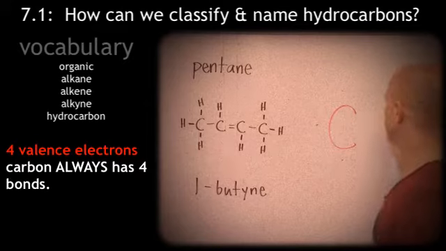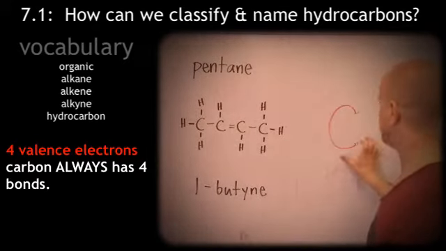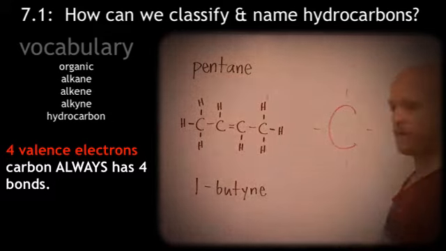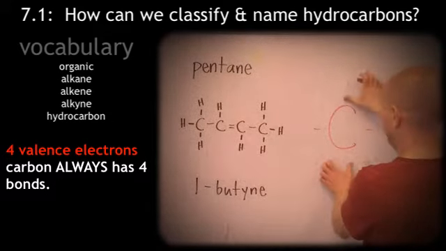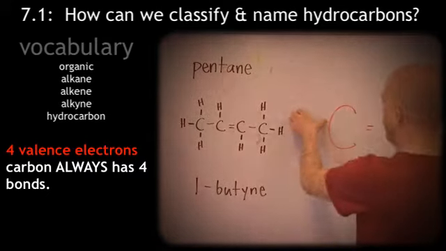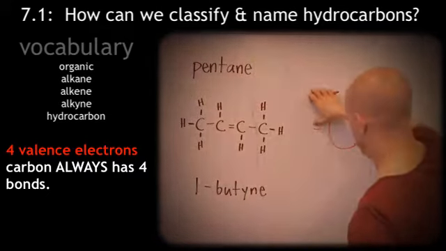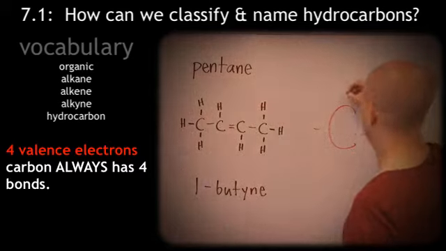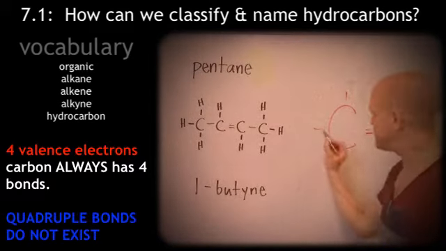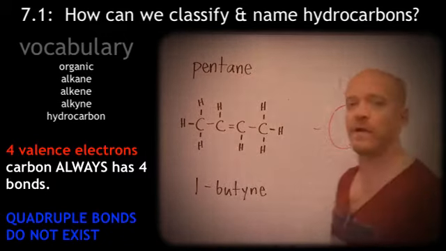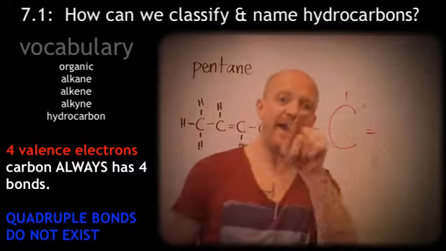So carbon will either have 4 single bonds sticking to it, or 2 double bonds, or a triple bond and a single bond, or a double bond and 2 single bonds. Point is, 4 bonds maximum. No more, no less, always 4 every time.